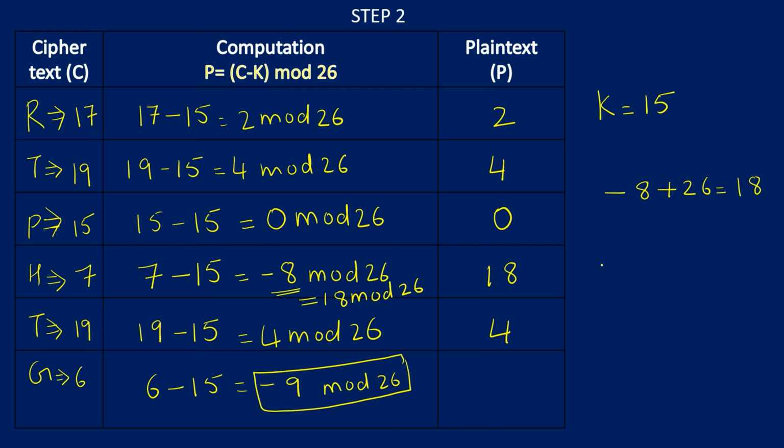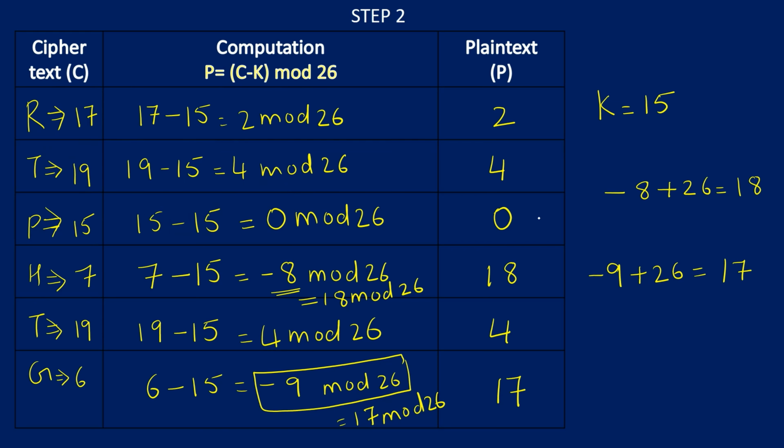You take that negative number, minus 9, and add 26 to it, because we have been asked to do the mod 26 operation. The resultant that you get is 17. So you got 17 mod 26. Now 17 is a number which is less than 26. So your final answer is 17.